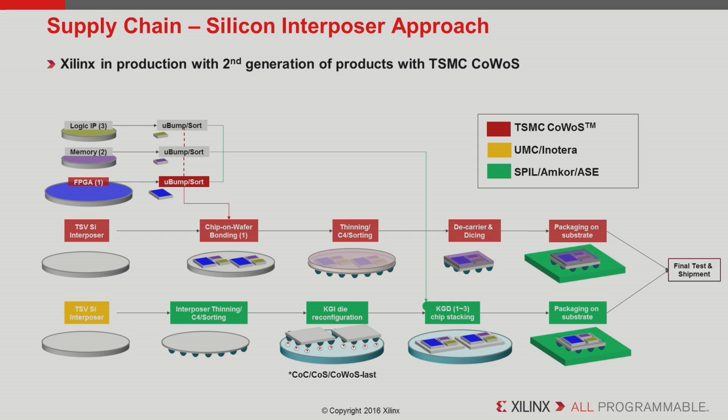And in this particular approach, essentially an FPGA, GPU, or ASIC wafer, the wafers would go through a sorting process, usually before microbumping. And then the microbumped wafers are diced and assembled on the silicon interposer. So the silicon interposer wafer is still in a full thickness format at this stage.